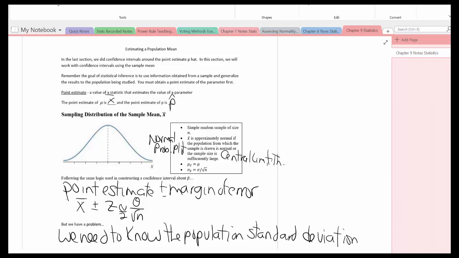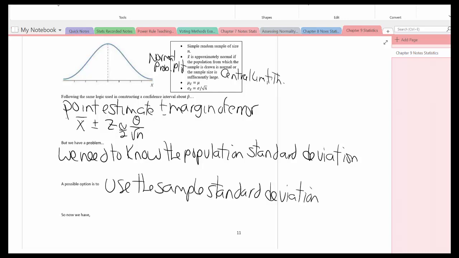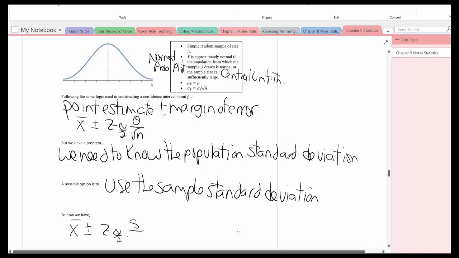We need to know the population standard deviation. If we don't have the entire population, it's impossible to get the population standard deviation. So, instead of using the population standard deviation, what can we use here? Yeah, we can use the sample standard deviation. So I can rewrite this. Replace the population standard deviation with the sample standard deviation.